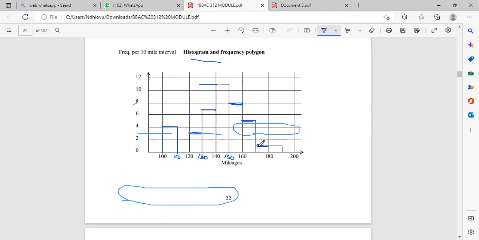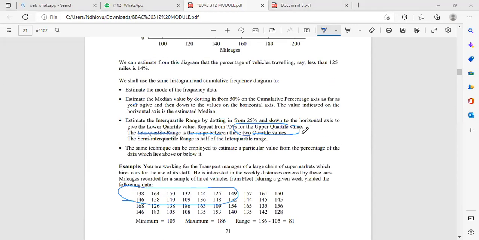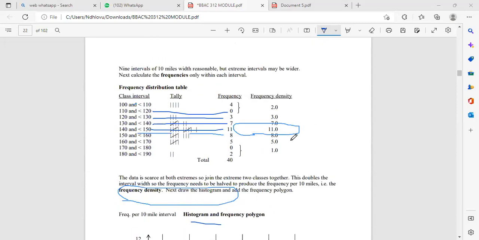So meaning these are 1, 1 from 170 to, okay, so we have that one there. We're getting down to that amount there.